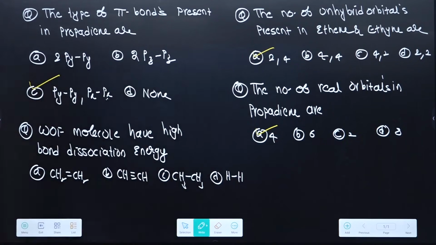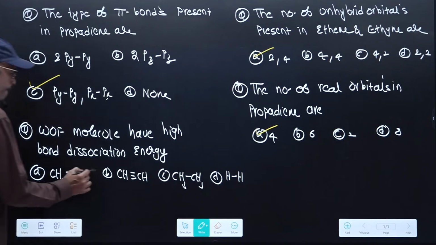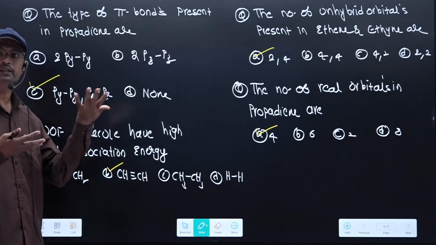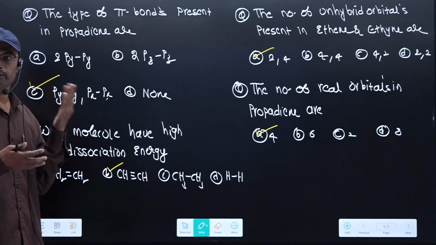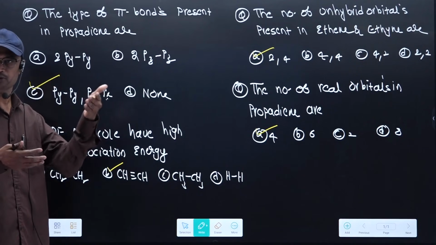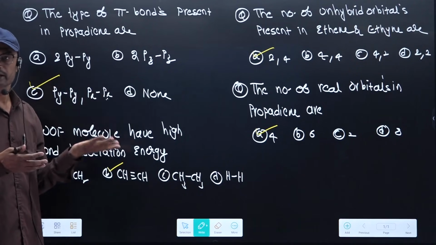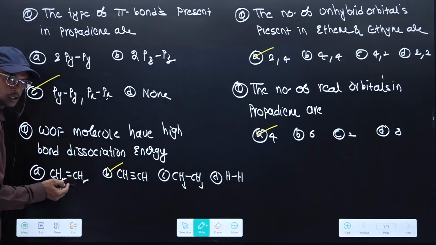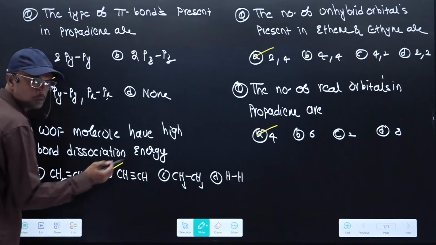Which has high bond dissociation energy? The answer is B. Why? As the number of bonds between two atoms increases, strength increases. More bonds means more energy is required to break them. So a triple bond is stronger than a double bond, and a double bond is stronger than a single bond.